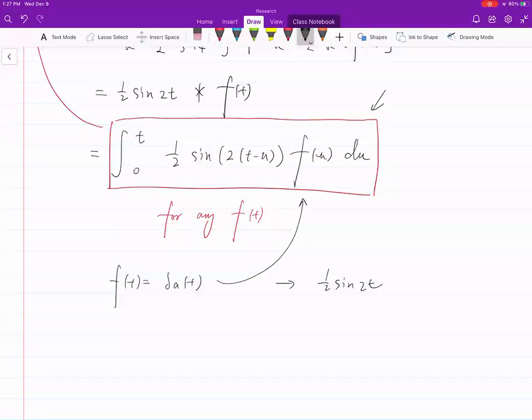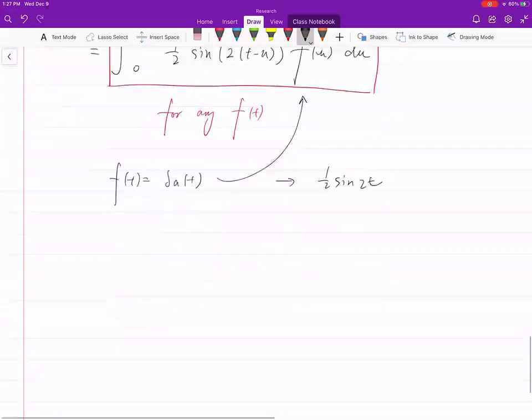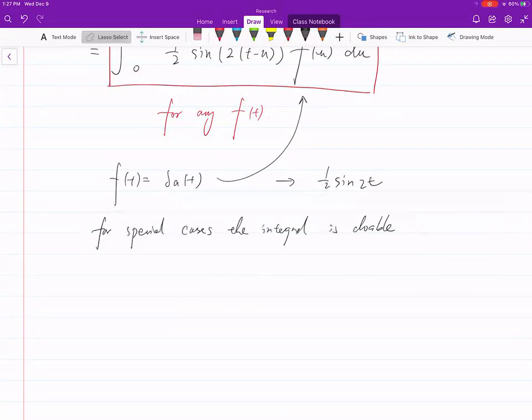Once you finish the integration with respect to u, the only thing left changing is t. So this works only for special cases where the integral is doable. Then you receive whatever we have computed before, which looks nice. It's a single formula.